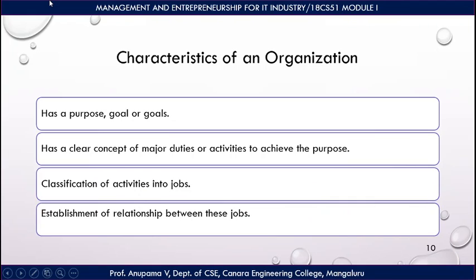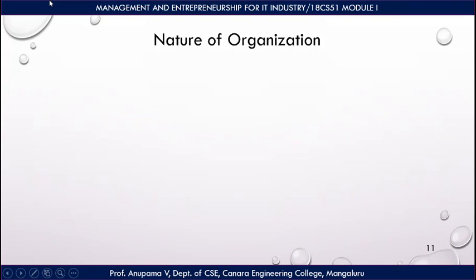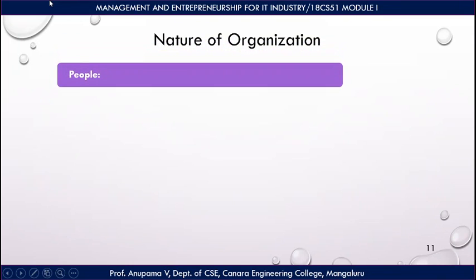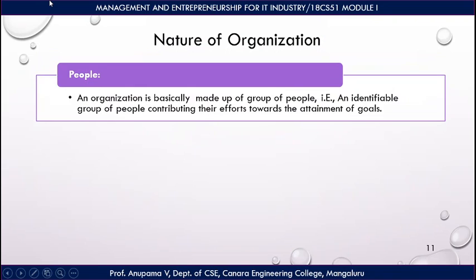This is achieved through division of labor and delegation of authority. Now let us see the nature of organization. People. An organization is basically made up of a group of people, that is an identifiable group of people contributing their effort towards the attainment of goals.